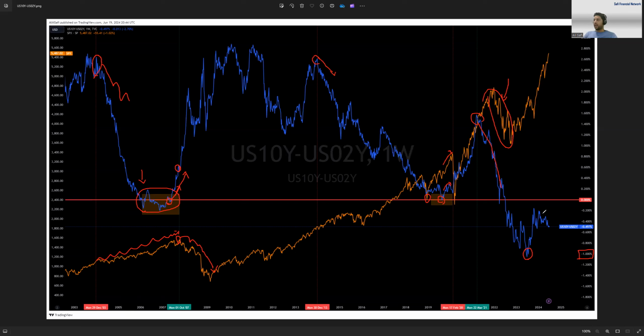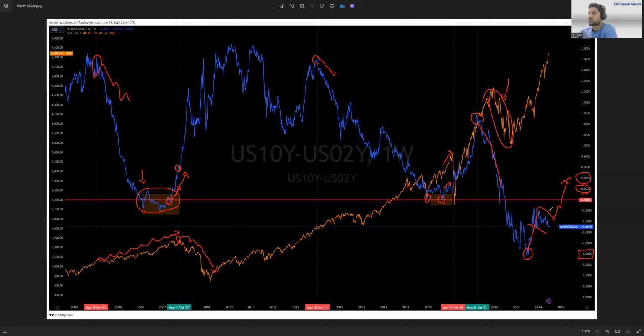And right now, the yield curve is forming a nice bull flag here. If it goes higher, somewhere around 0.20 or 0.40, then we should see the market potentially at a multi-month, multi-year top, potentially with a crash or something.